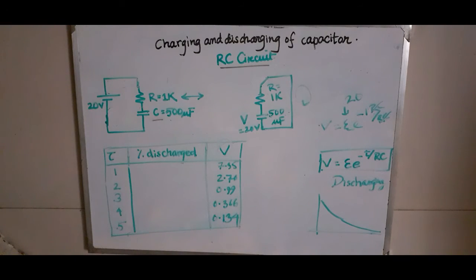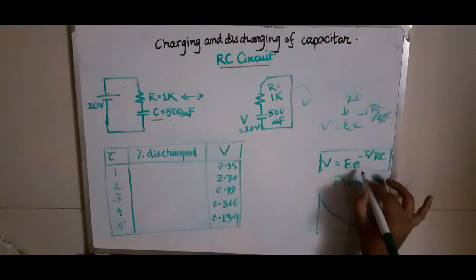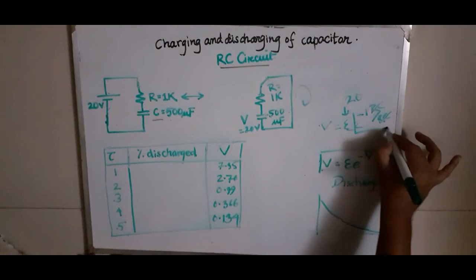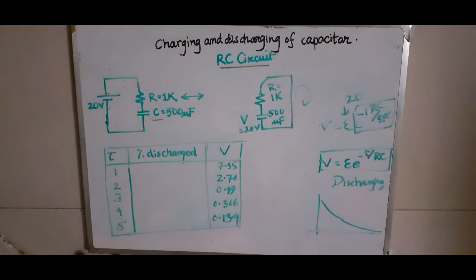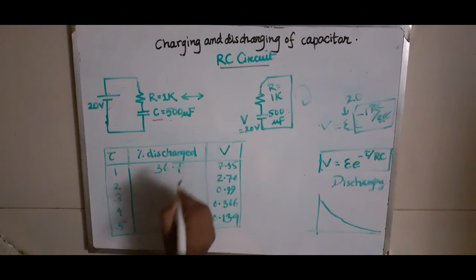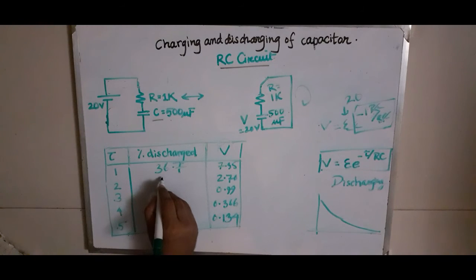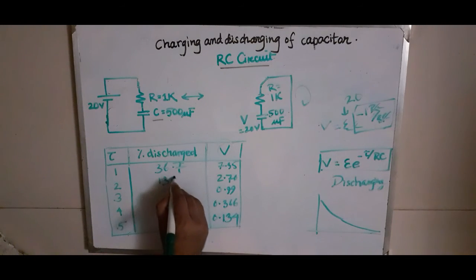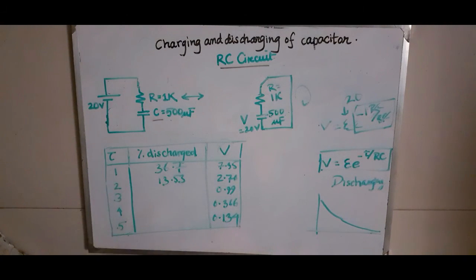And the percentage of discharge can also be calculated easily, like the previous one. This portion has to be multiplied with 100. So you will get, after 1 time constant, 36.7% discharged. After 2 time constants, 13.53%. After 3 time constants, 4.9%.